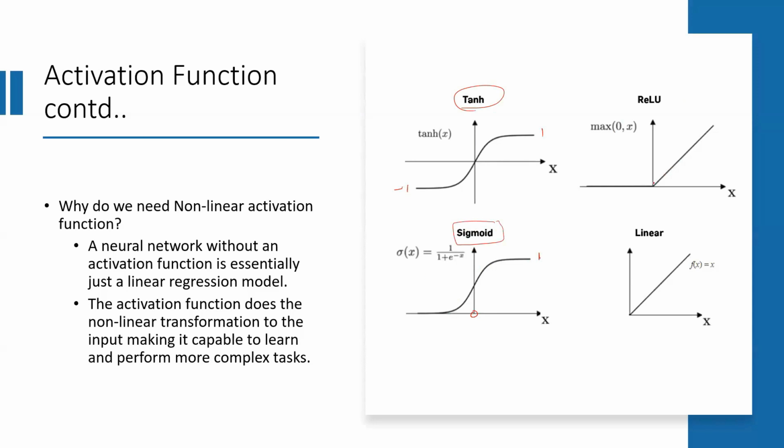And if you need non-linear values, where all negative values give 0 and all positive values give x, so 0 to infinity, we have this ReLU. And from -infinity to infinity, you can apply the linear functions. So depending upon the requirements, you can select activation functions.